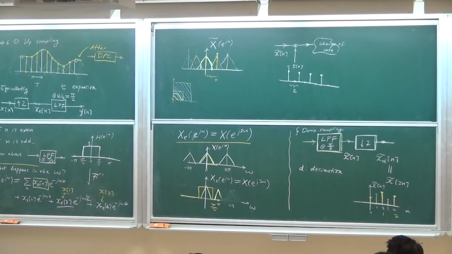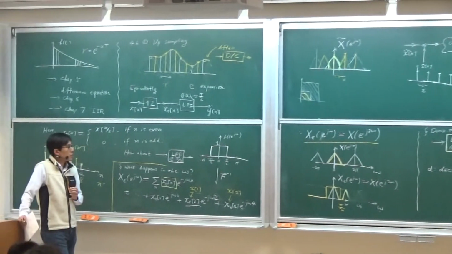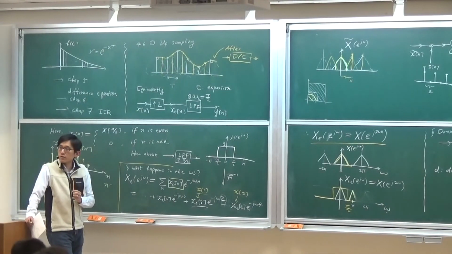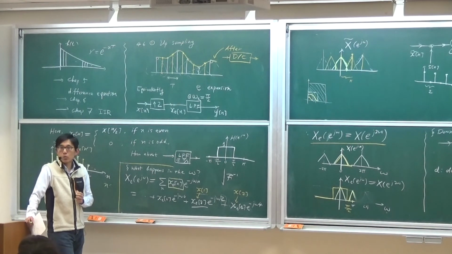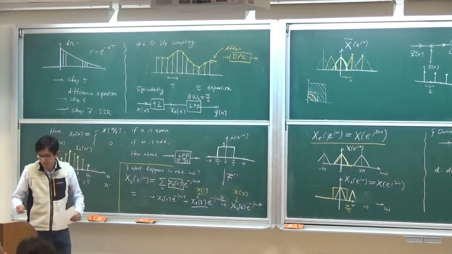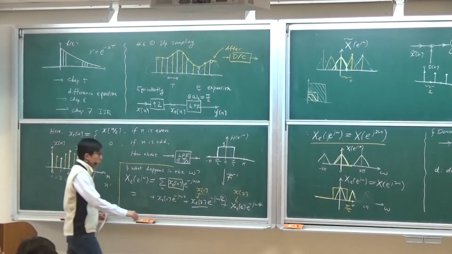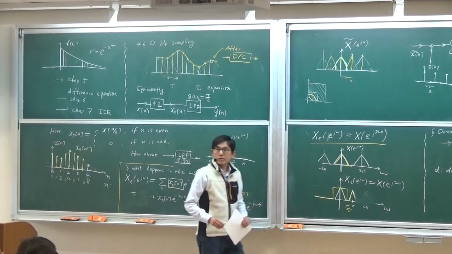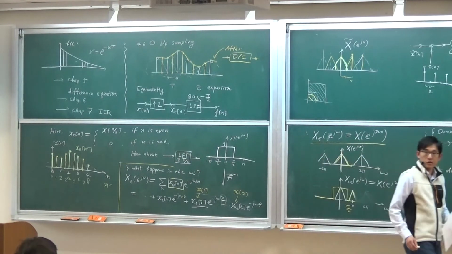If no question, let me ask you a question before we take a break. What if we want to perform a change of sampling rate by a factor of 3 divided by 2, a factor of 1.5? What if we want to increase our sampling rate by 50%?